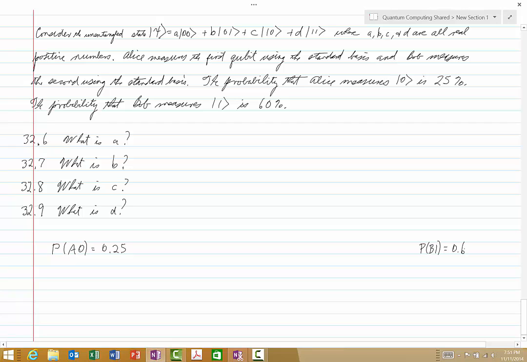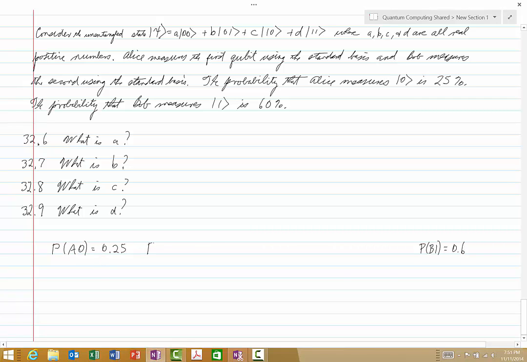Now, of course, we can use these 2 pieces of information to deduce another couple of equations. Just as we did in the previous problem, we can say that Alice can only measure a 0 or a 1, so if her probability of measuring 0 is 25%, then her probability of measuring 1 must be 75%.